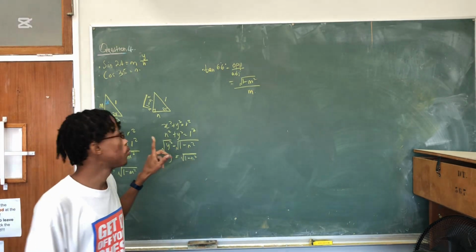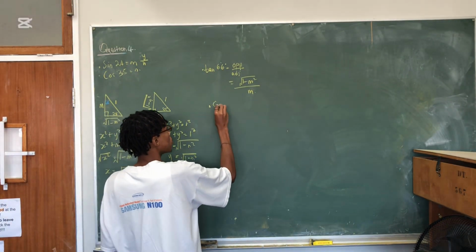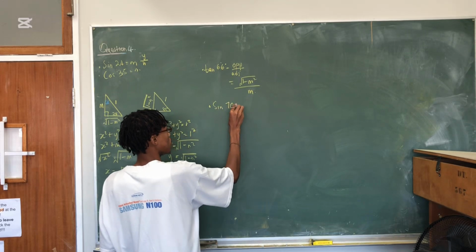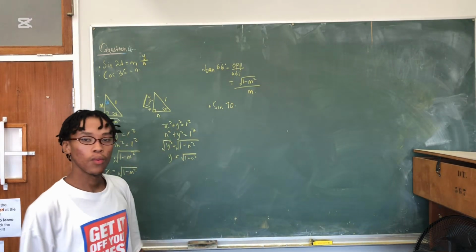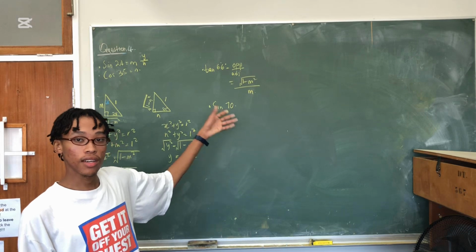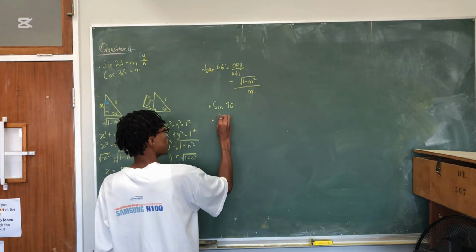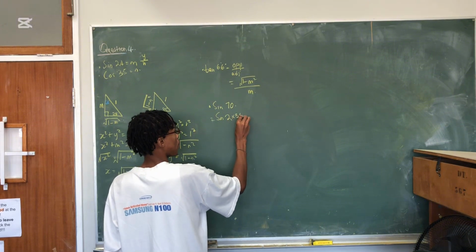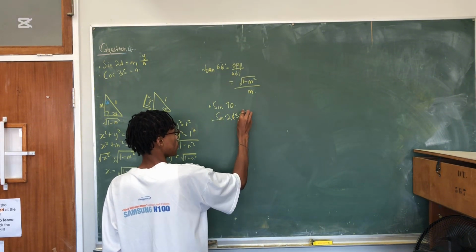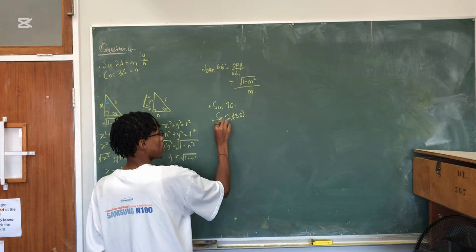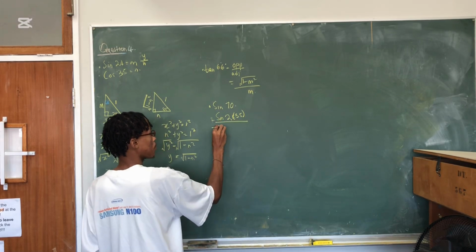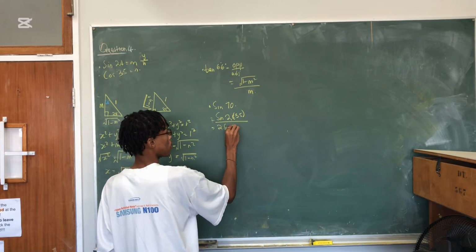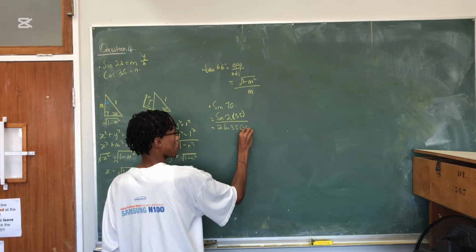For our second one, we have sine 70. We know that we can write 70 in a different format. We can say sine of 2 multiplied by 35. This becomes an identity: 2 sine 35 cos 35.